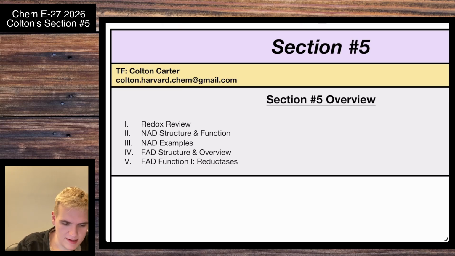But what happens here is our bond is going to go and attack this sulfur directly, and we're not going to just add the hydride to it. When that happens, I'm going to copy and paste this.